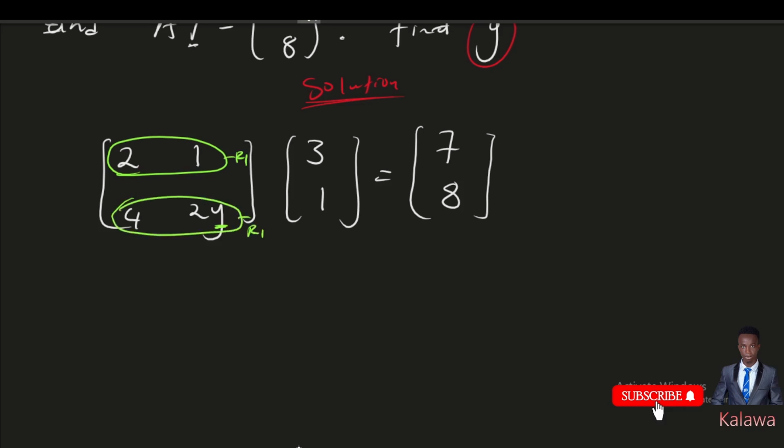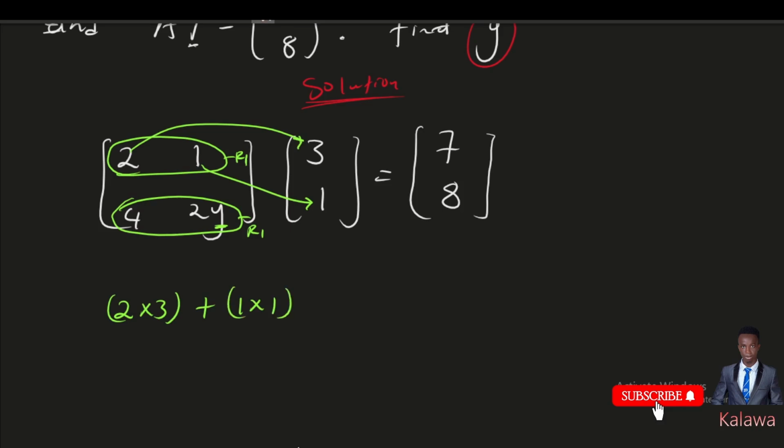Row 2. So we first deal with row 1, the first row. We say 2 multiplied by 3 plus 1 multiplied by 1. So this is going to be 2 multiplied by 3 plus 1 multiplied by 1.